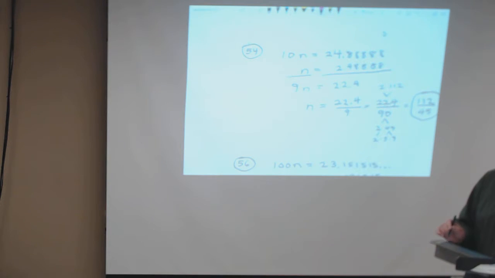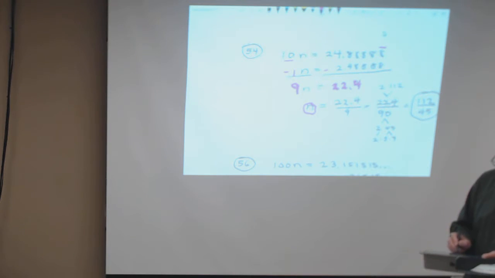The 8 repeats, so I use 10. The number is 2.4888. I subtract this and I get 9. Then I subtract this and I get 22.4. Everybody follow that?